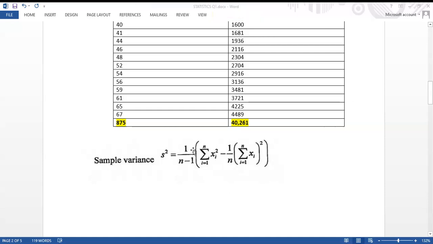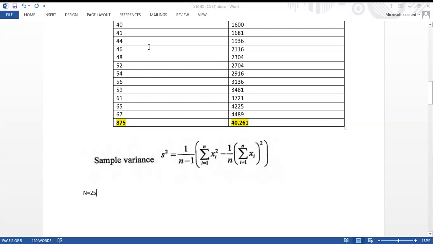Okay. So in this formula, as you can see, 1 over n minus 1, n is the number of values. The number of values is 25, so small n equals 25, right?